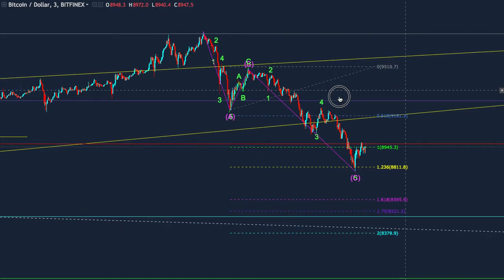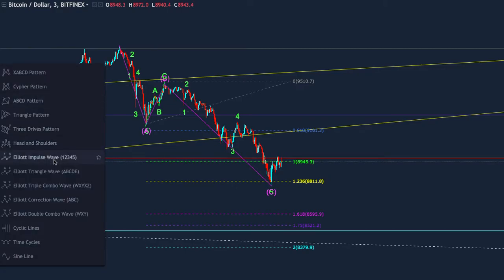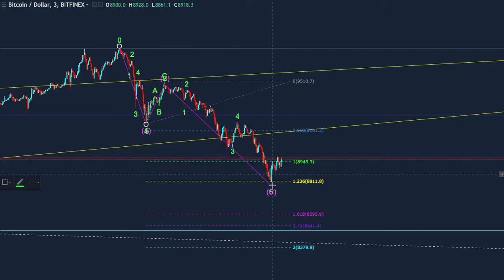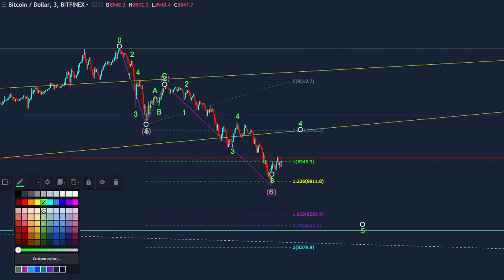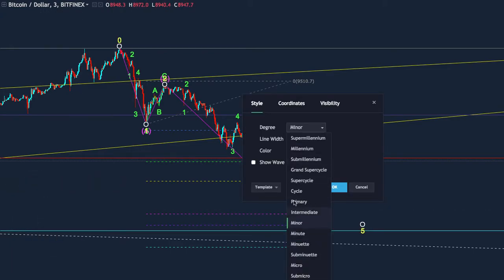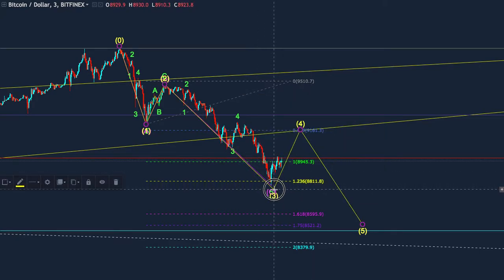It's possible that this is going to actually become a larger Elliott wave 5 wave impulse. That's always possible. So that would look like 1, 2, 3, 4, 5. Put that in a different color. Something like this.